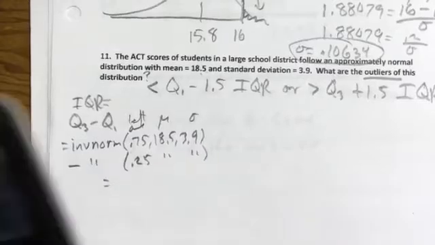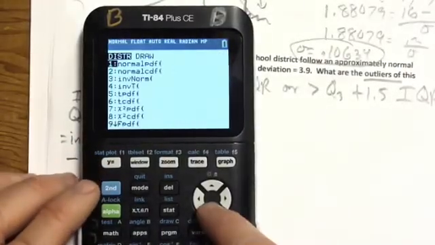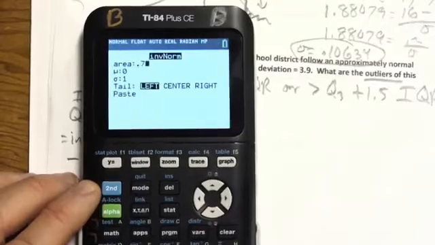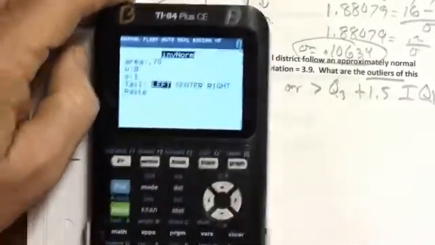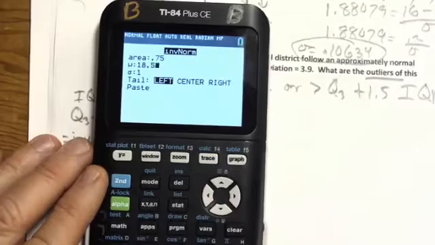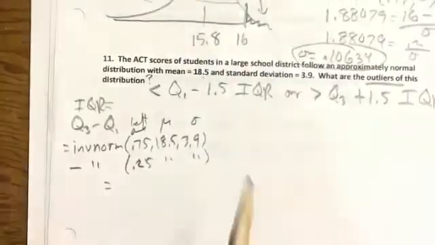So let's see what we get. Second vars, distribution, inverse norm of 0.75, and our mean is now 18.5, standard deviation of 3.9, left area like that. So this is 21.13.